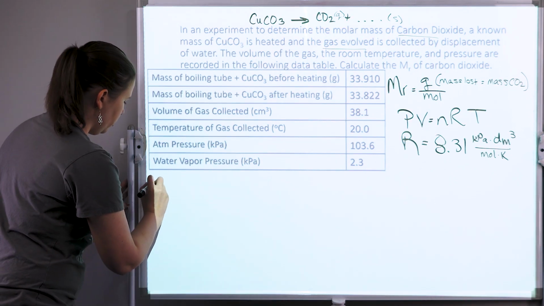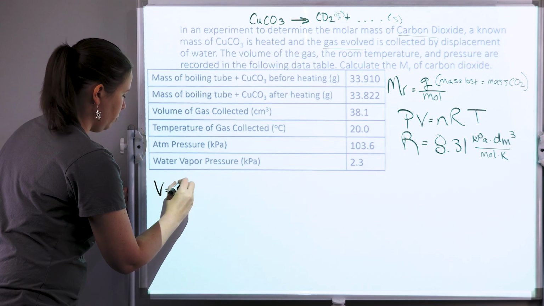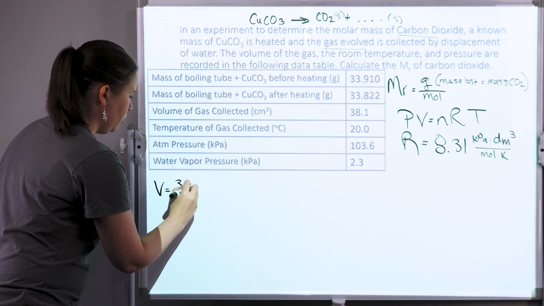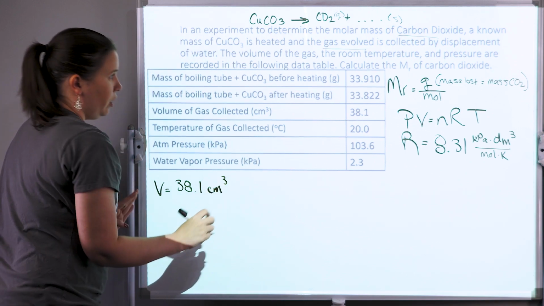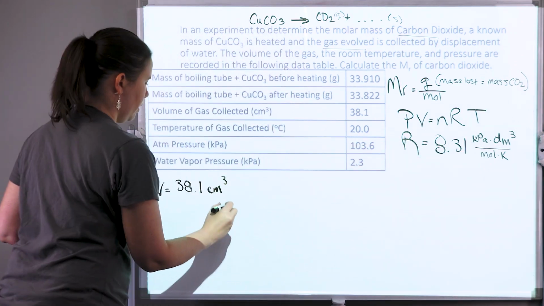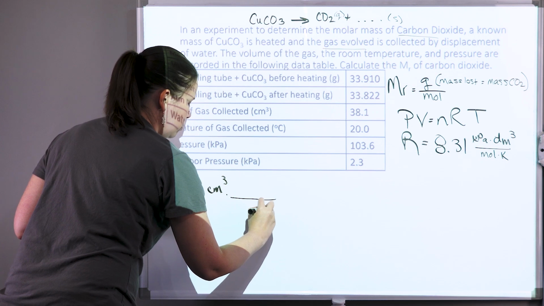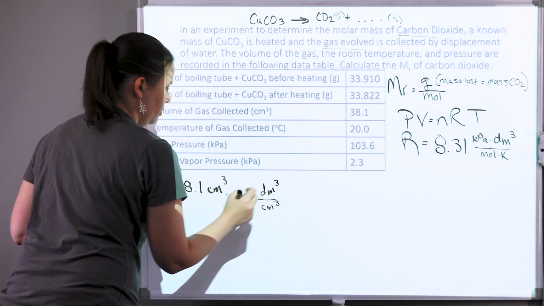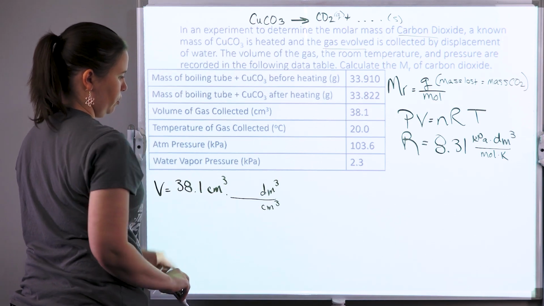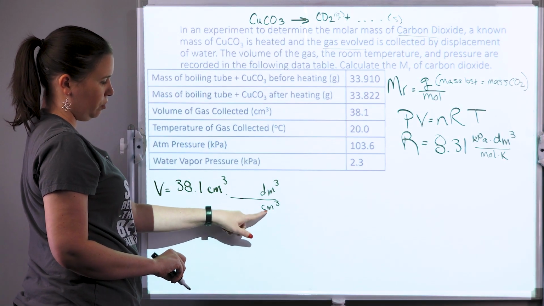So first let's do the volume. Volume given was 38.1 centimeters cubed. And I want to convert that to decimeters cubed. So centimeters cubed on the top, centimeters cubed on the bottom, decimeters cubed on the top. And this is just like liter and milliliter.